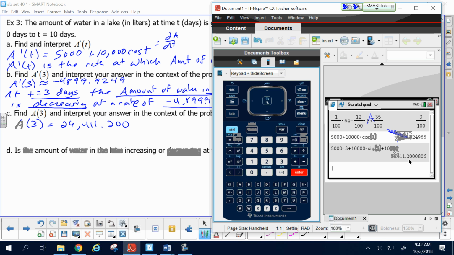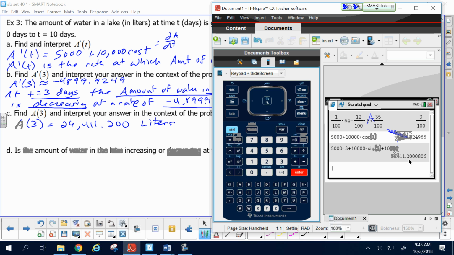Liters. Now, is this a rate, or what is A? Use the guide: the amount of water in the lake at time t is. So is it liters, days, liters per day? Liters. It's just in liters. All right. If you want, a word or abbreviation is acceptable. Interpret your answer. What does it mean? First, refer to the time.